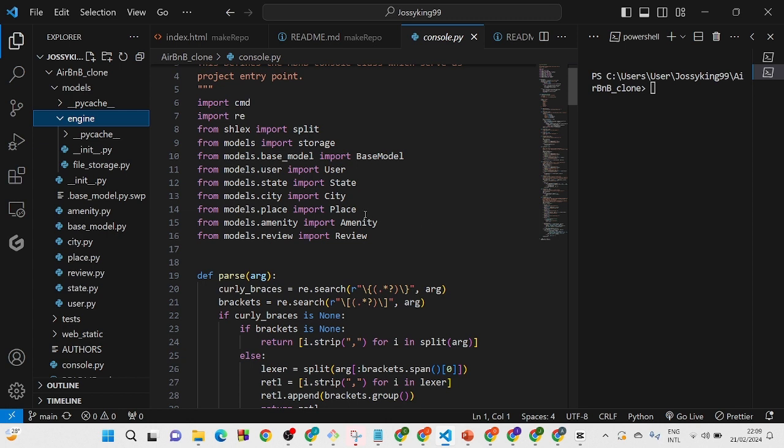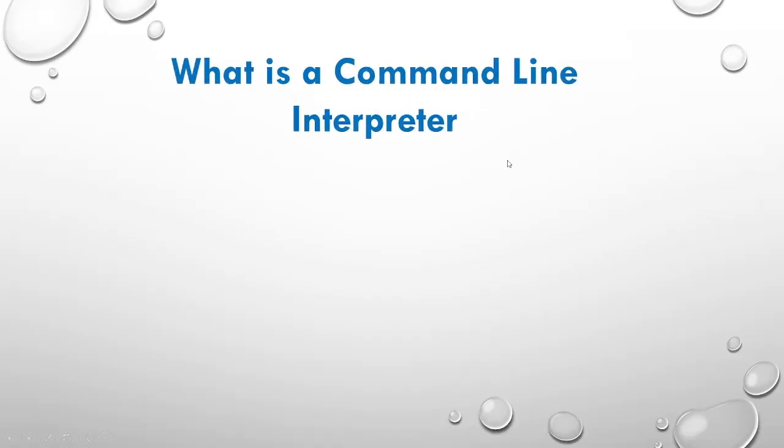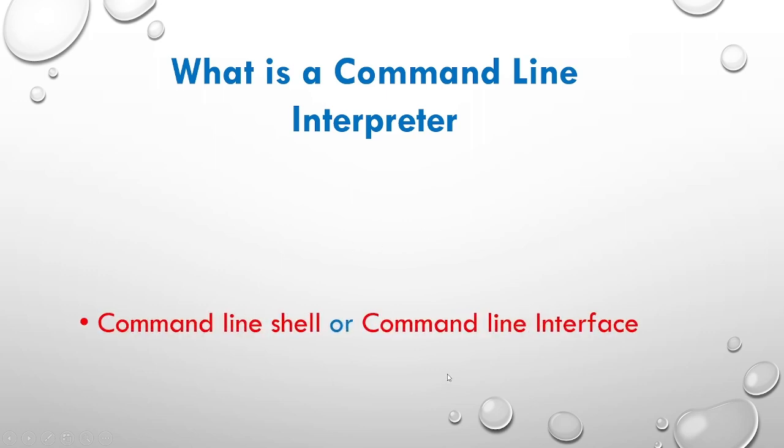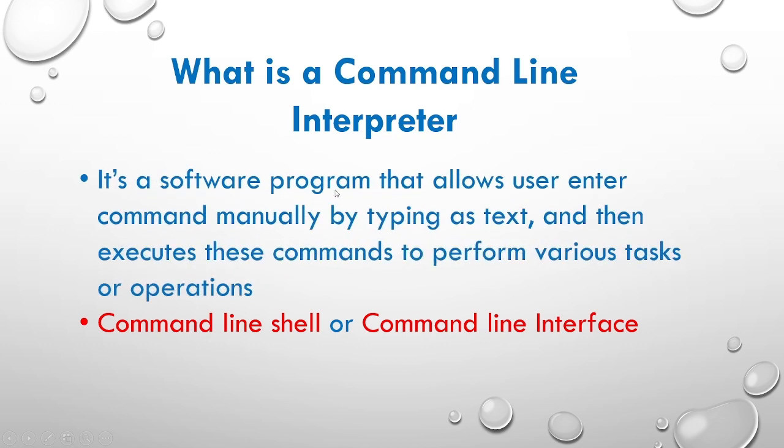Before we go to the other one, I'm going to explain some things about the CLI. What does it stand for? What's a command line interpreter? You can also call it a command line shell. It's a software that allows users to enter commands by typing them.